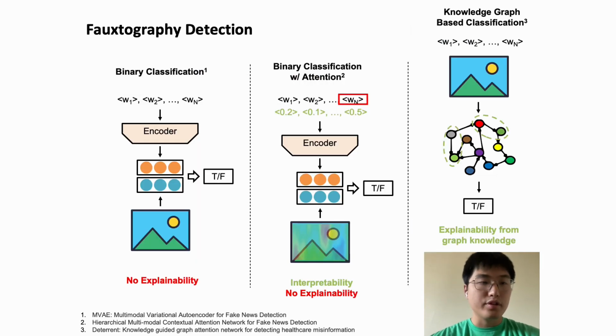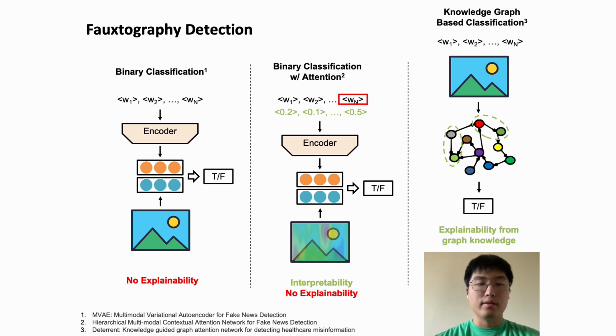In previous research, there are usually three different ways to do Fauxtography detection. The first one is binary classification. It just encodes the text and the image to high-dimensional embeddings, and then uses the embeddings to do binary classification. It can detect Fauxtography, but it cannot explain why this post is Fauxtography or not.